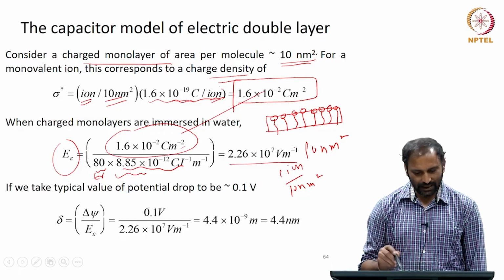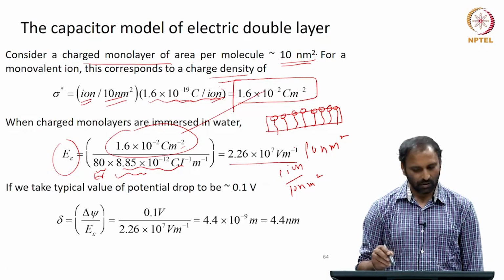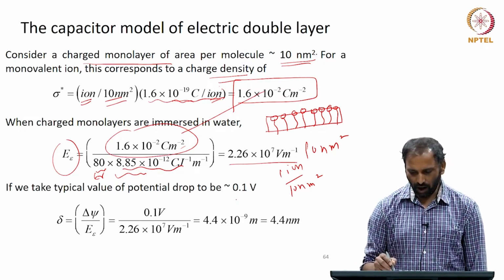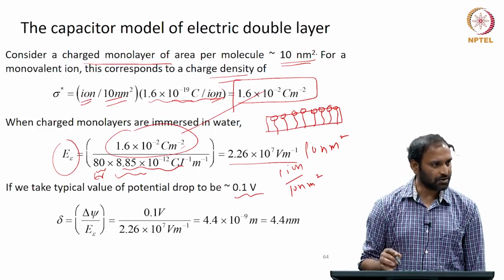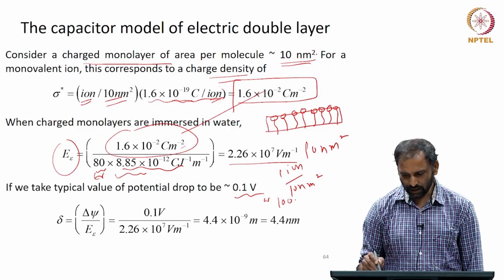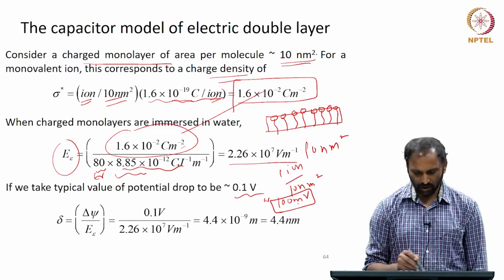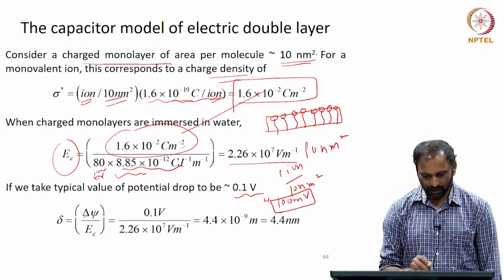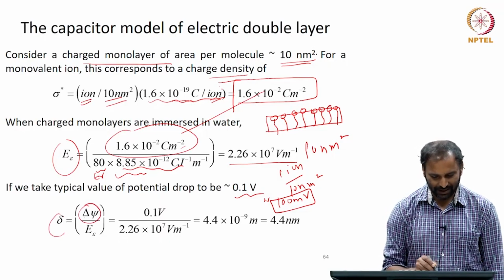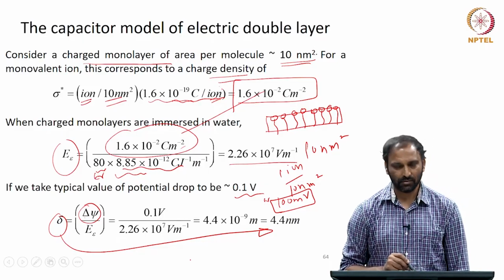Typically, when people talk about charged surfaces, typical potential drops are of the order of 0.1 volts, or 100 millivolts. If I substitute for the drop in the potential, the delta comes out to be 4.4 nanometer.